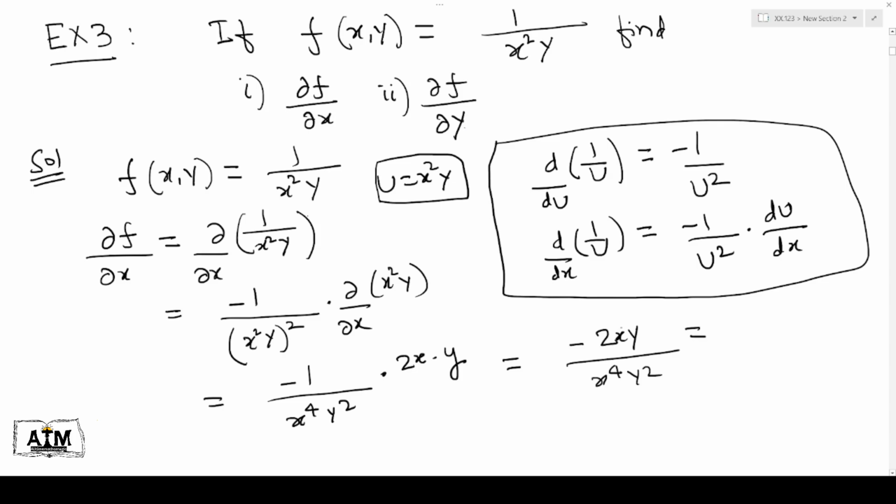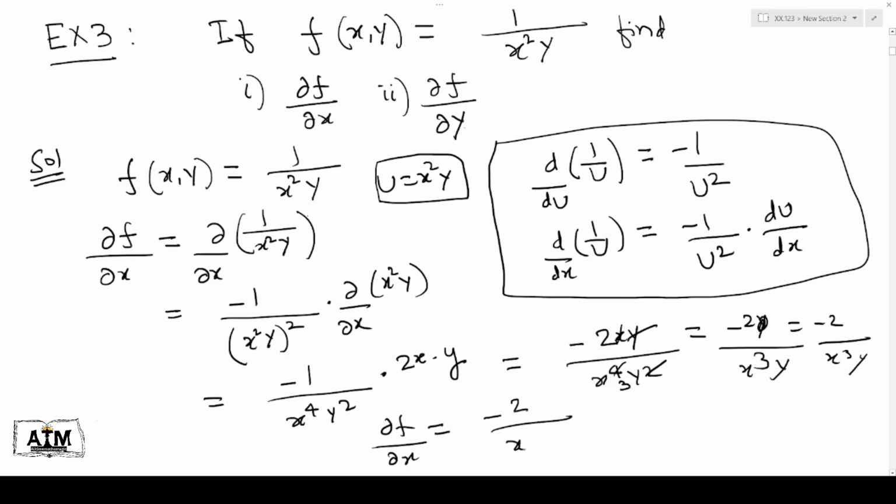Here x and x get cancelled, so we get minus 2y divided by x cube y square. Even y gets cancelled, so we get minus 2 divided by x cube y. Therefore, dou f by dou x equals minus 2 divided by x cube y.